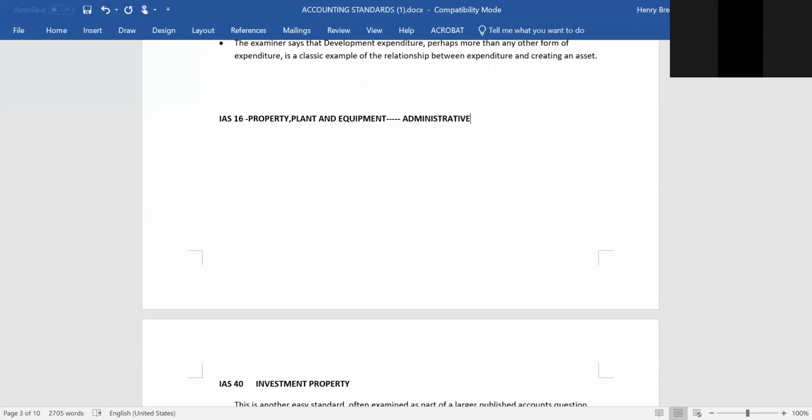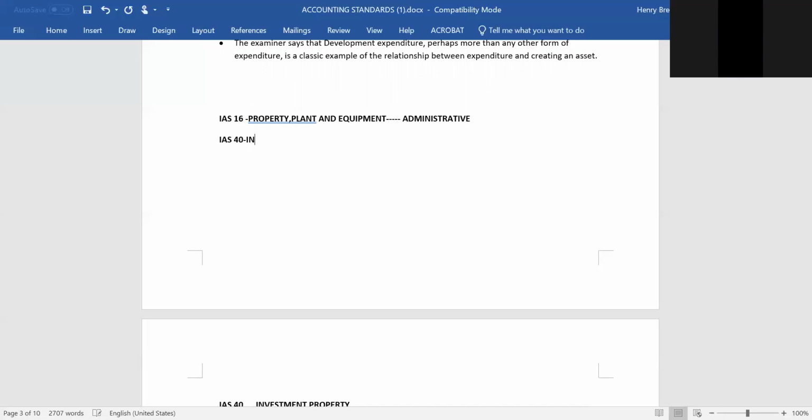In that case, we are using it for the mission and vision of the school. But if it happens that we are using the property for commercial purpose, but it's not the mission and vision of the school, then we will call that property investment property. And that investment property is what we call IAS 40. That is the next standard to look at.